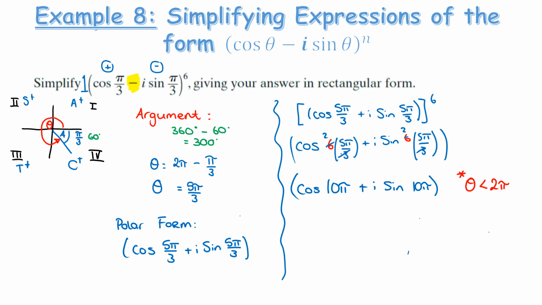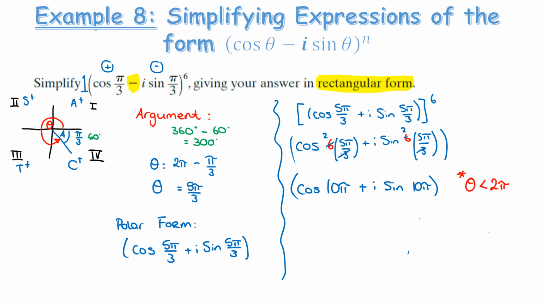In this case, 10π is most definitely over 2π. It's a number of rotations. I'm pointing this out just so you remember to check your question and the answer before you present it. But I'm going to go back to the question we've actually been asked, and we've been asked for the answer in rectangular form. So actually it won't make a difference for us because we're not going to leave it in this form. If you would like, you can convert that.